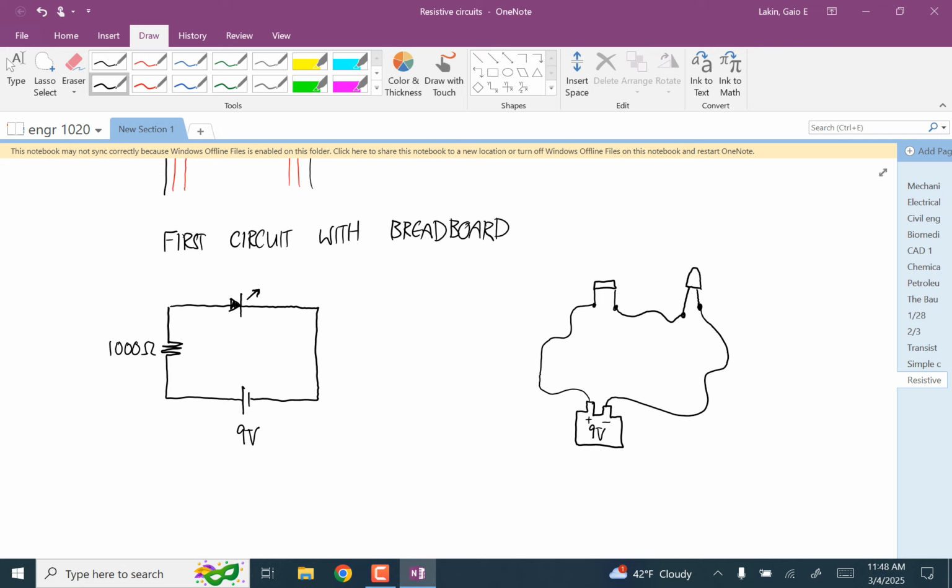Or we could do, see how bright. I need to know what kind of voltage these lights are.